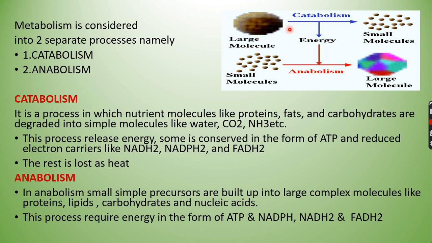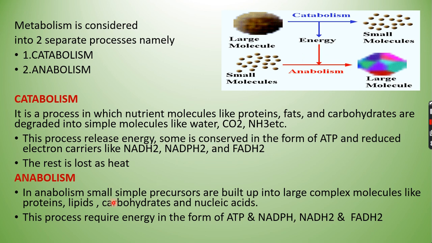Some of the energy is conserved in the form of ATP, some is used as electron carriers like NADH2, NADPH2 and FADH2, and the rest is lost as heat. So where you have the release of energy by breaking down larger molecules into small molecules, that is called catabolism.